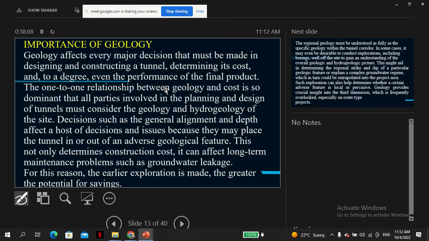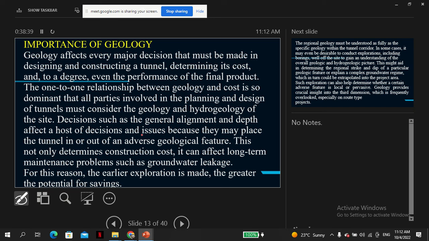Geology affects every major decision that must be made in designing and constructing a tunnel, determining its cost and to a degree even the performance of the final product. The one-to-one relationship between geology and cost is so dominant that all parties involved in the planning and design of tunnels must consider geology and hydrology of the site.